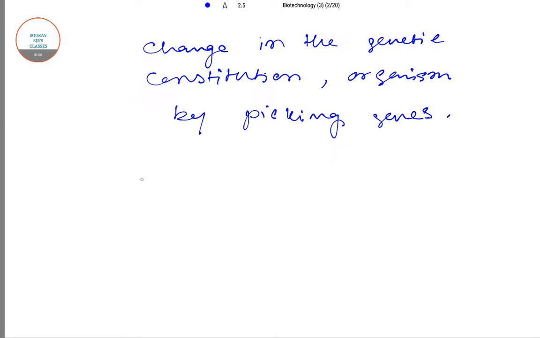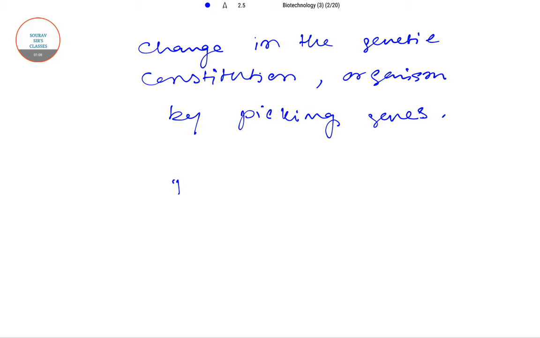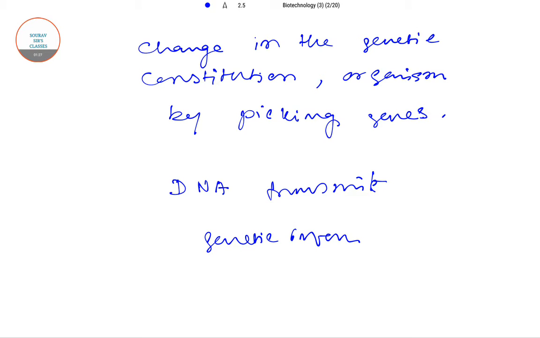Now, the first direct evidence that DNA transmits genetic information came from the experiment of Griffith and Avery.